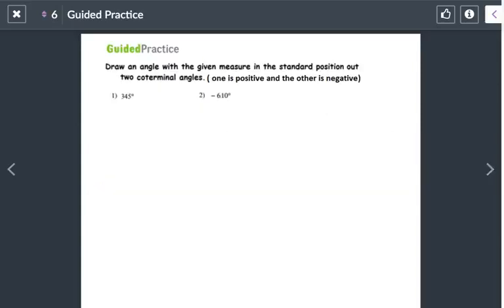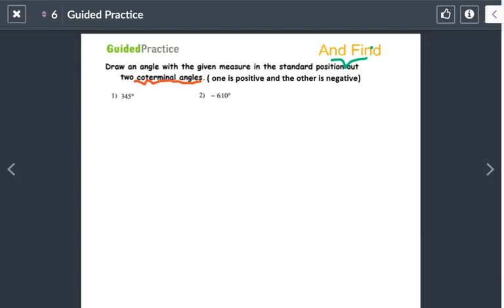Here's a guided practice. We need to draw an angle with a given measurement in standard position and find two coterminal angles. Let's talk about coterminal angles. What's the meaning of two or more angles being coterminal?